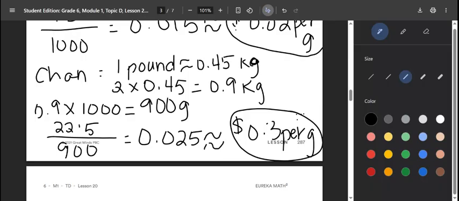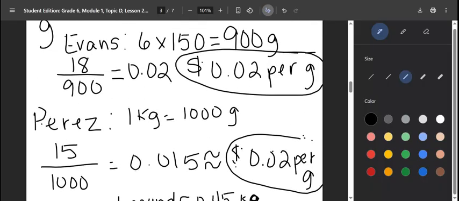Because if you look up here, you see that they actually paid 0.015 per gram, and the Evans family paid 0.02. So the Perez family, once again, is the better deal. They keep winning at this.